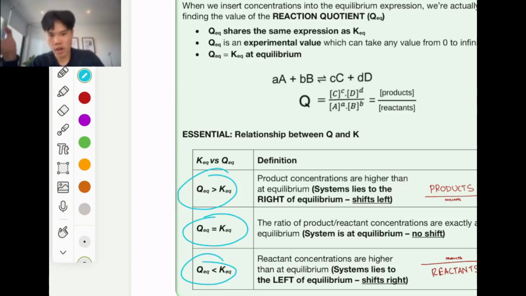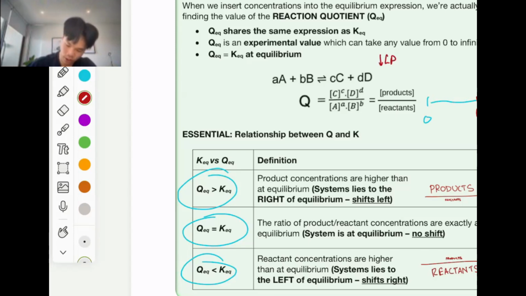If you know you're to the right of equilibrium, imagine your equilibrium position on a number line going from 0 to infinity. You have K somewhere along there, and you have Q. If your Q is to the right of K, it means Q is bigger than K. In order to bring Q back down, you would have to shift the equilibrium left, because that would mean you are reducing product concentration and increasing reactant concentration, which would bring Q back down.